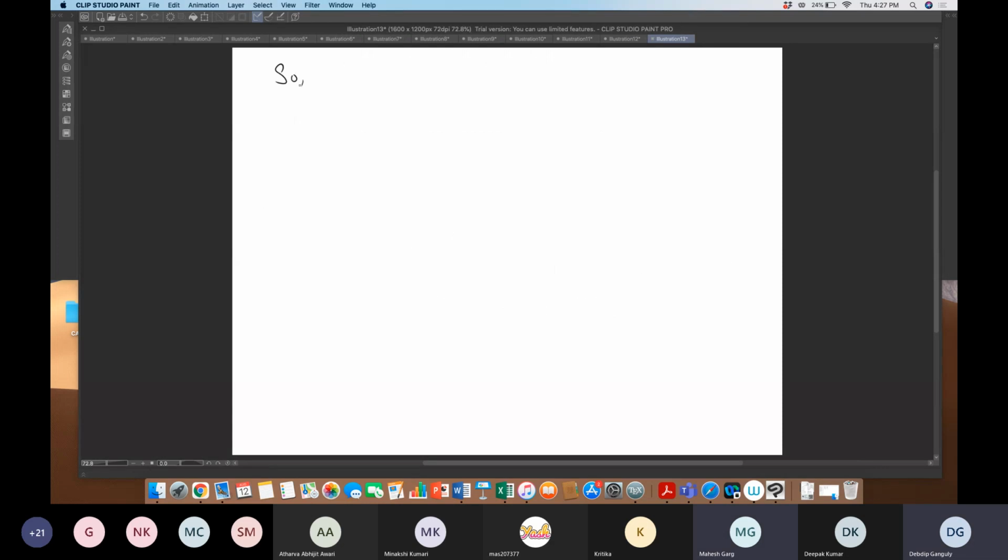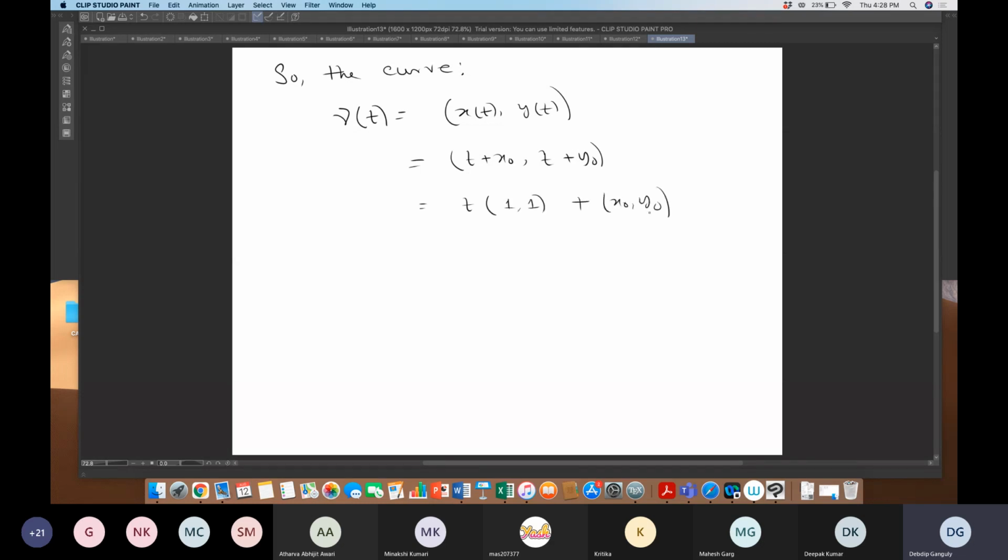So the curve gamma t is (xt, yt), what is that? (t plus x naught, t plus y naught). This is nothing but t(1, 1) plus (x naught, y naught).